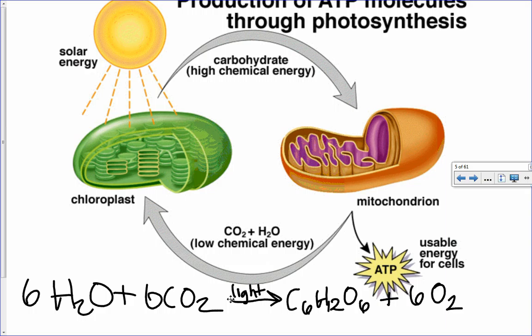Now, if I take and turn this arrow around and reverse the process, that's actually what's happening in your cells. And it happens in your mitochondria. Those are the ones, if you remember from your cell unit, that are creating that energy. It's called ATP, that energy molecule.